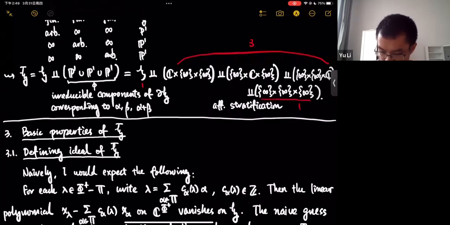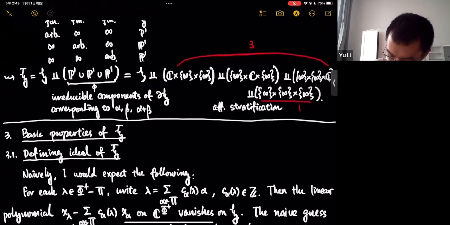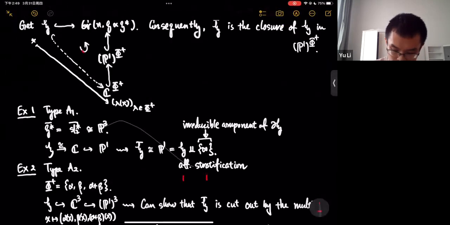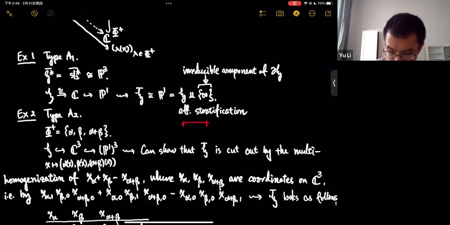And then this part is one 0-dimensional cell, so 1, 3, 1. Okay, so I hope that this is convincing that in type A, the Betti numbers are nothing but the Stirling numbers of the second kind.